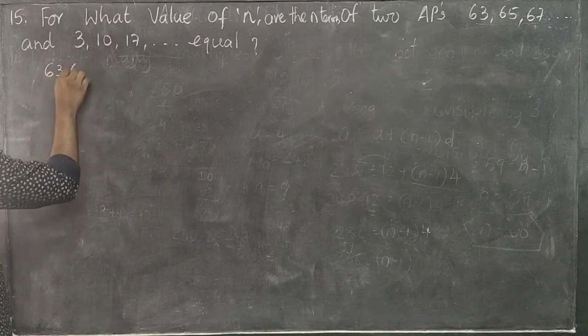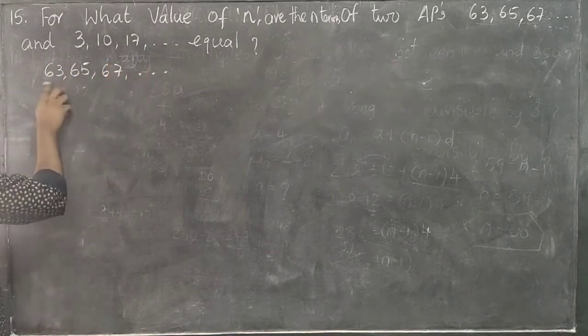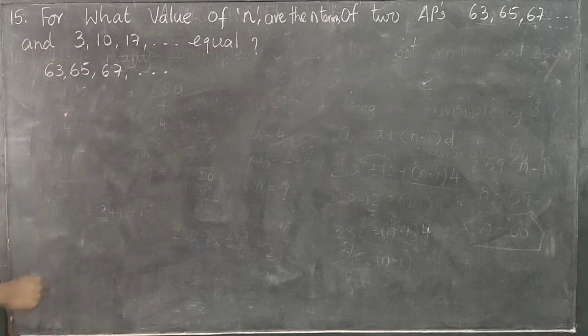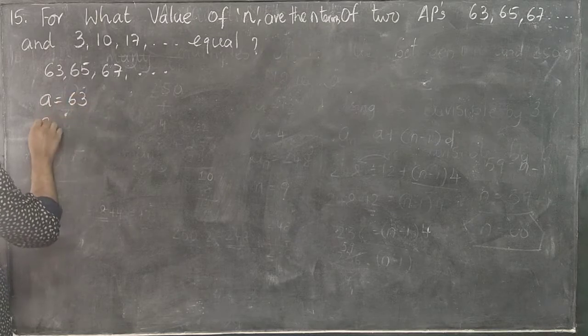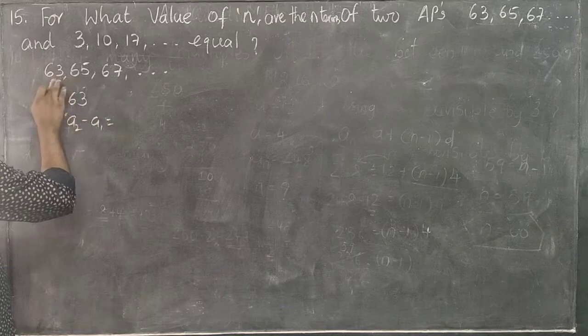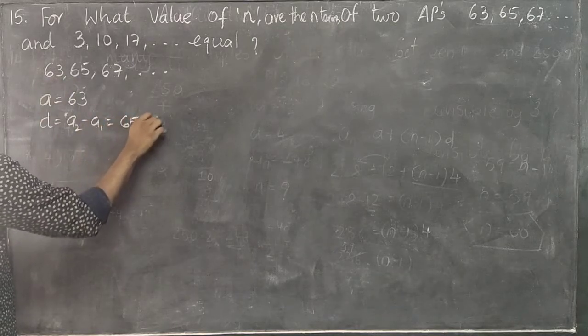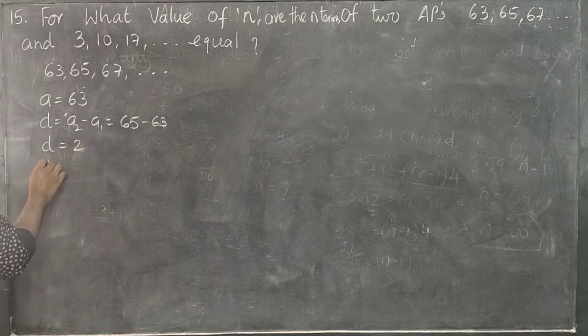63, 65, 67 and so on. For this AP we should find out the nth term. What is the value of A? That is 63. Then D equals A2 minus A1, that is 65 minus 63. So 65 minus 63 is 2.